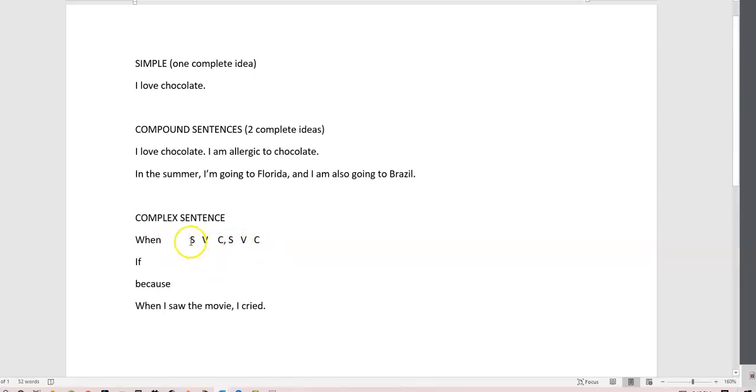And they all use the same structure. Okay? And this is an example. A complex sentence also has 2 ideas, but one is not complete. That's the difference. So it has 2 ideas, but one idea depends on the other idea, okay? So I'm going to say here, it has two ideas, but one is not complete. So 3 kinds of sentences: simple, compound, complex. All right.